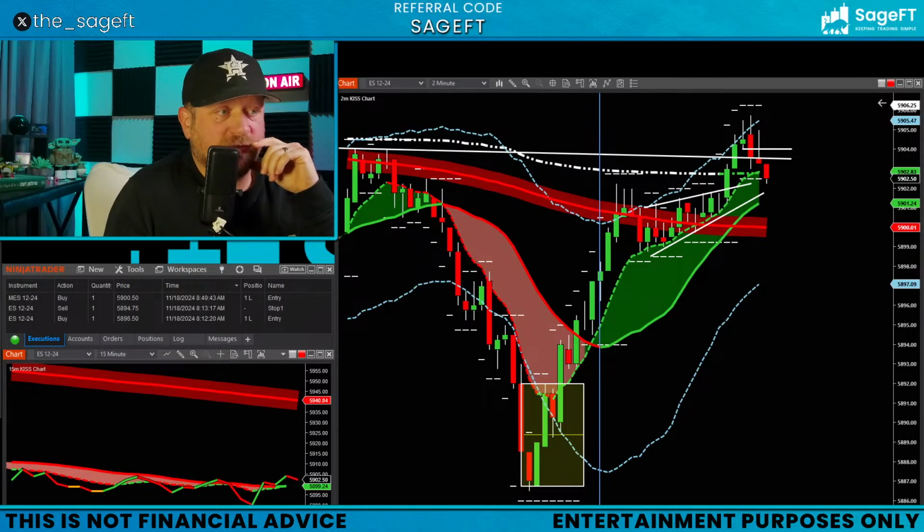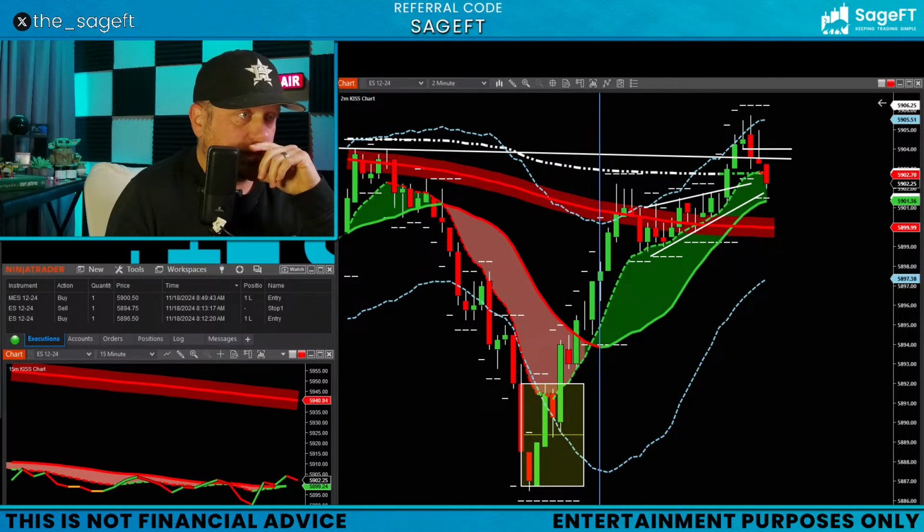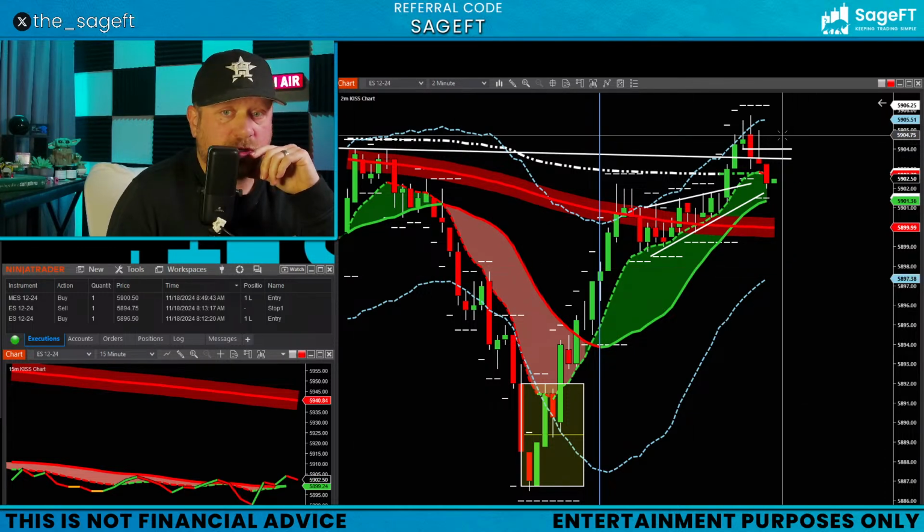Oh, 175 is the target if you are actually short up here. Kind of thinking I should have been short. At least one mini. Just because of the draw on liquidity.